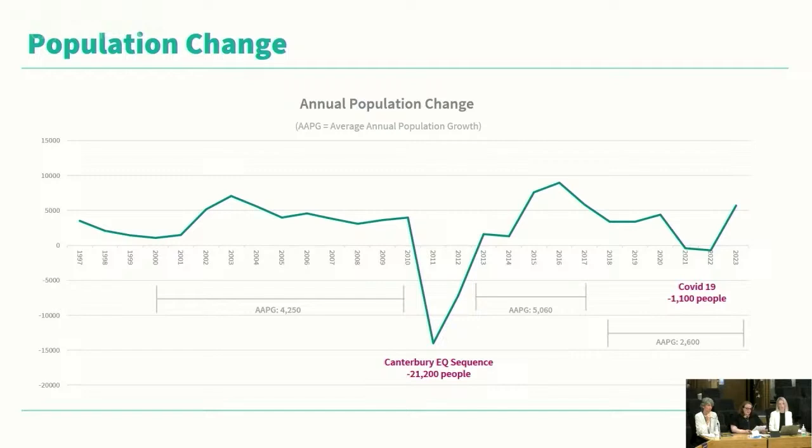Between June 2010 and June 2012, the city's population decreased by 21,200 usual residents, so not insignificant. By June 2017, and you can see it in that graph there, the city had recovered to our pre-earthquake population levels, which equates to growing by around 5,000 usual residents each year, so 20-ish% higher than what we were growing at pre-quake.